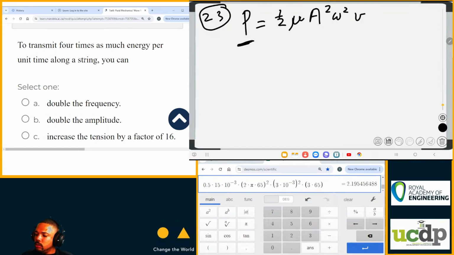Now, to get this 4 times as much as it originally is, you can double the amplitude. Let's see what happens if you double the amplitude. Let's say we calculate power and we double the amplitude.